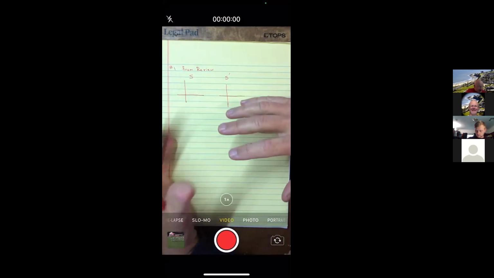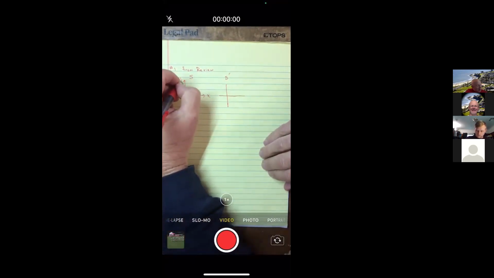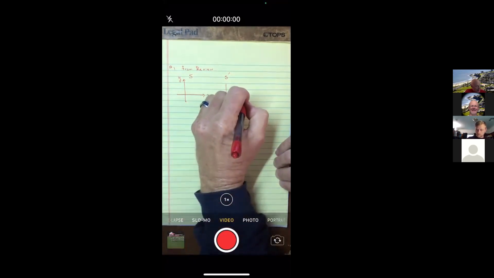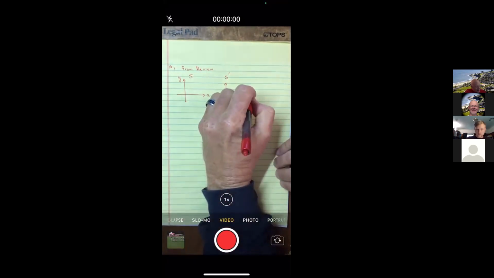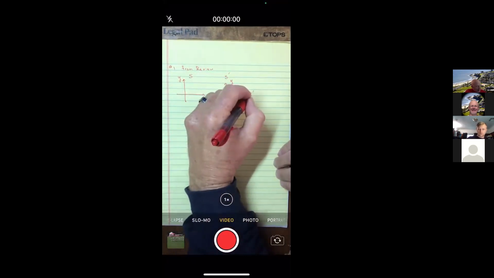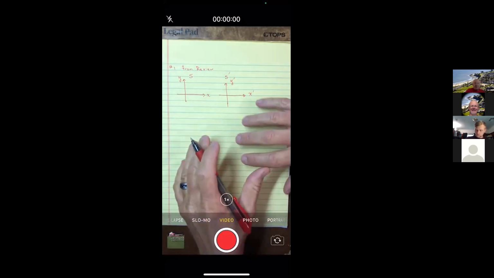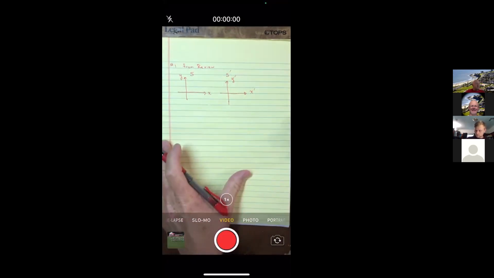We have an S for the system, and the system would measure things in terms of X and Y. There wouldn't be any primes on them. And the other person would measure position of X prime and Y prime. So everything either has a prime or is unprimed.